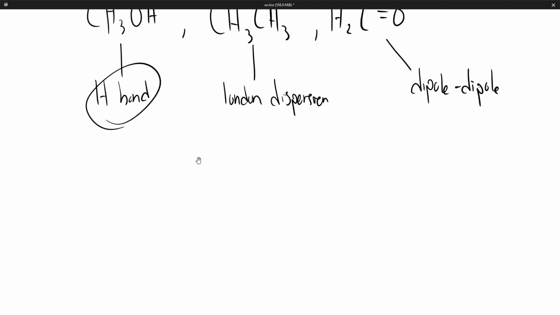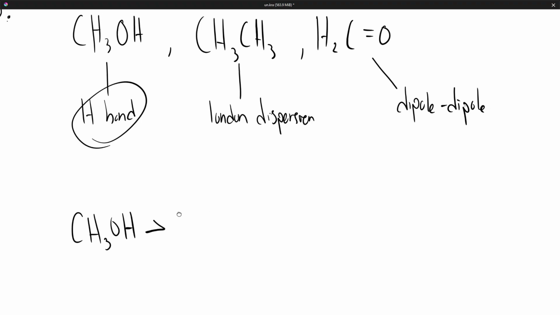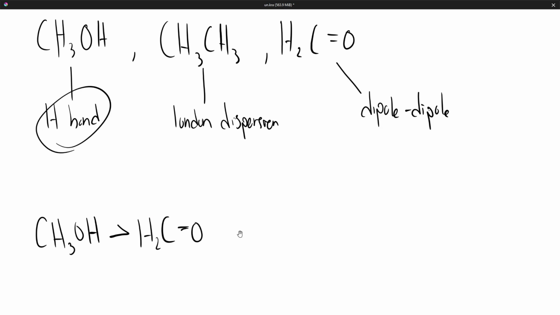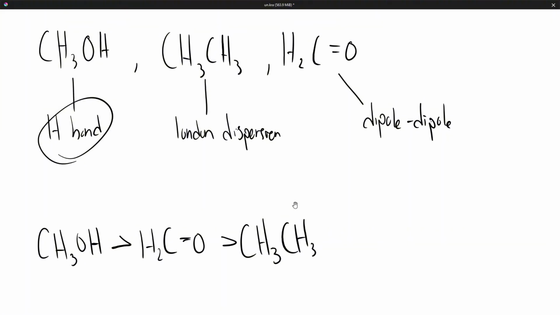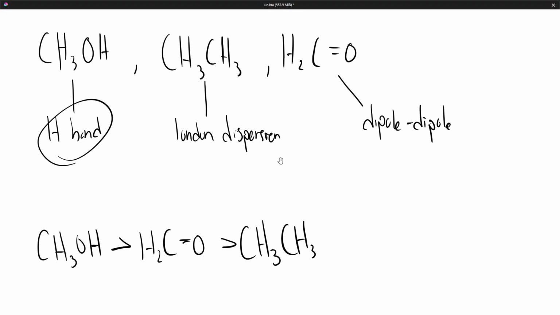So we start off in terms of decreasing, strongest one first. So it's CH3OH, H2CO, and finally CH3CH3. So you just want to look at what forces are present in these molecules and rank them accordingly.